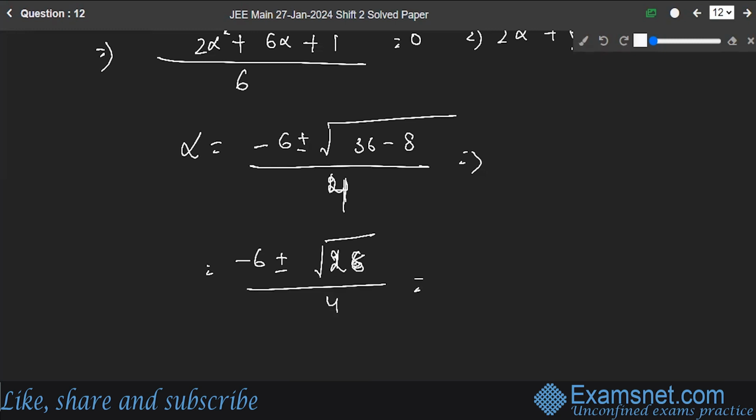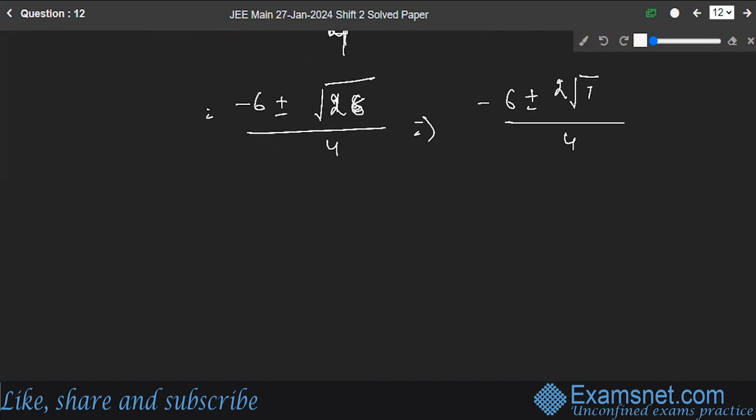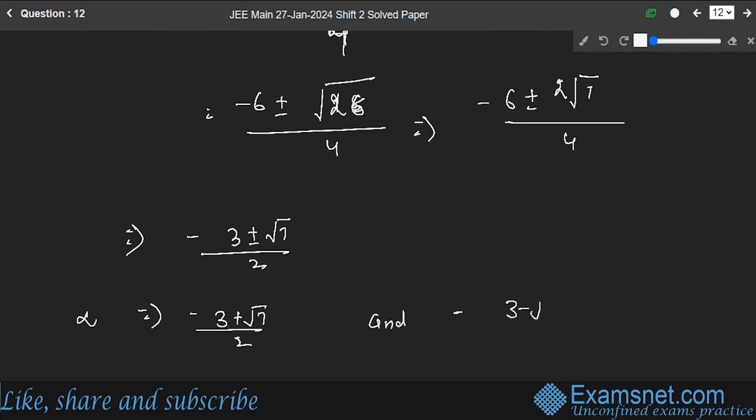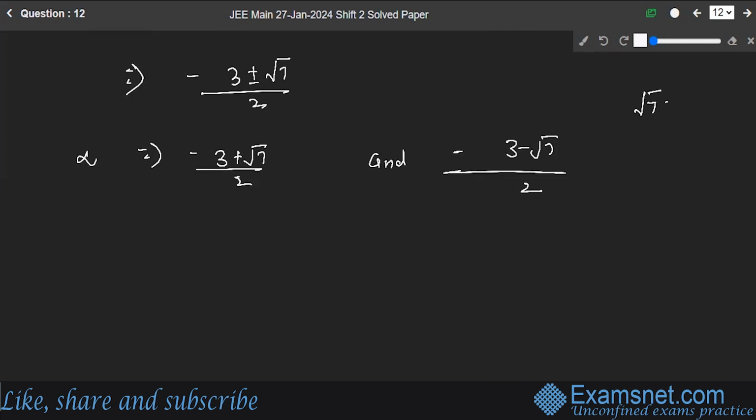Upon 4. Minus 6 plus minus 2 root 7 upon 4, which is equal to minus 3 plus minus root 7 upon 2. So the two values for alpha will be minus 3 plus root 7 upon 2 and minus 3 minus root 7 upon 2. Root 7 approximately, I'm not telling the exact value, is equal to 2.5.